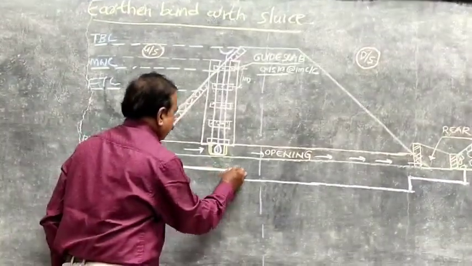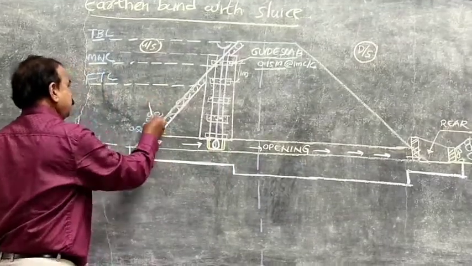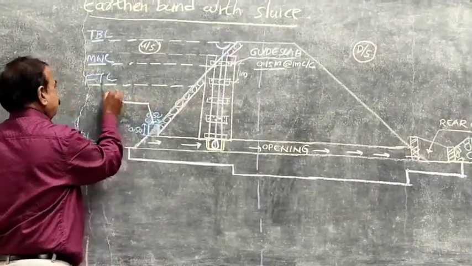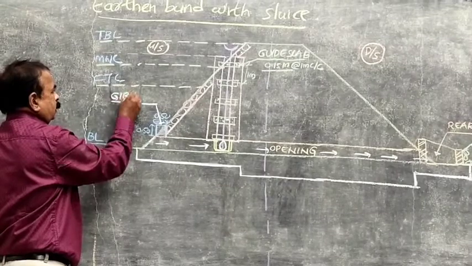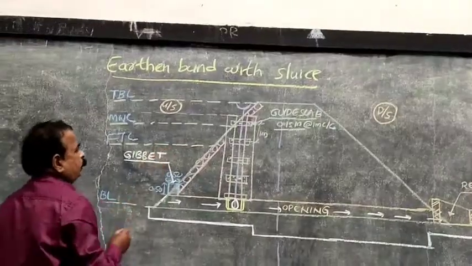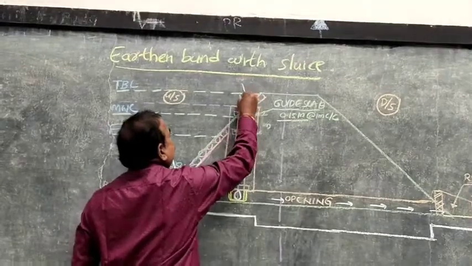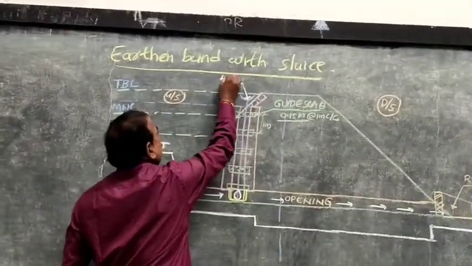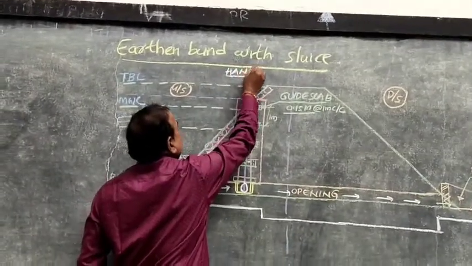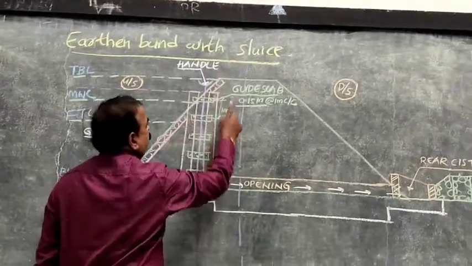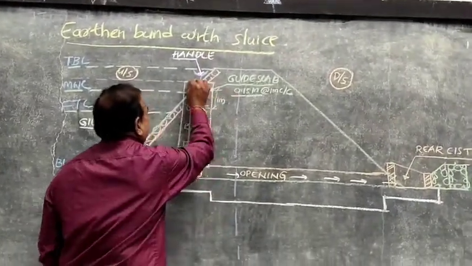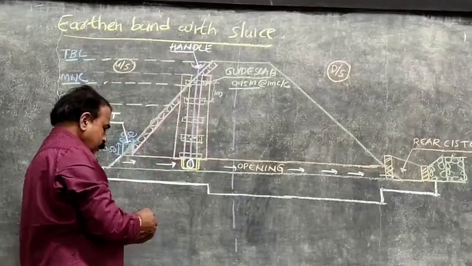gibbet wall. Remember, here it is called the gibbet, and this is called the handle, the guide strap, and this wall you have to give hatching for.